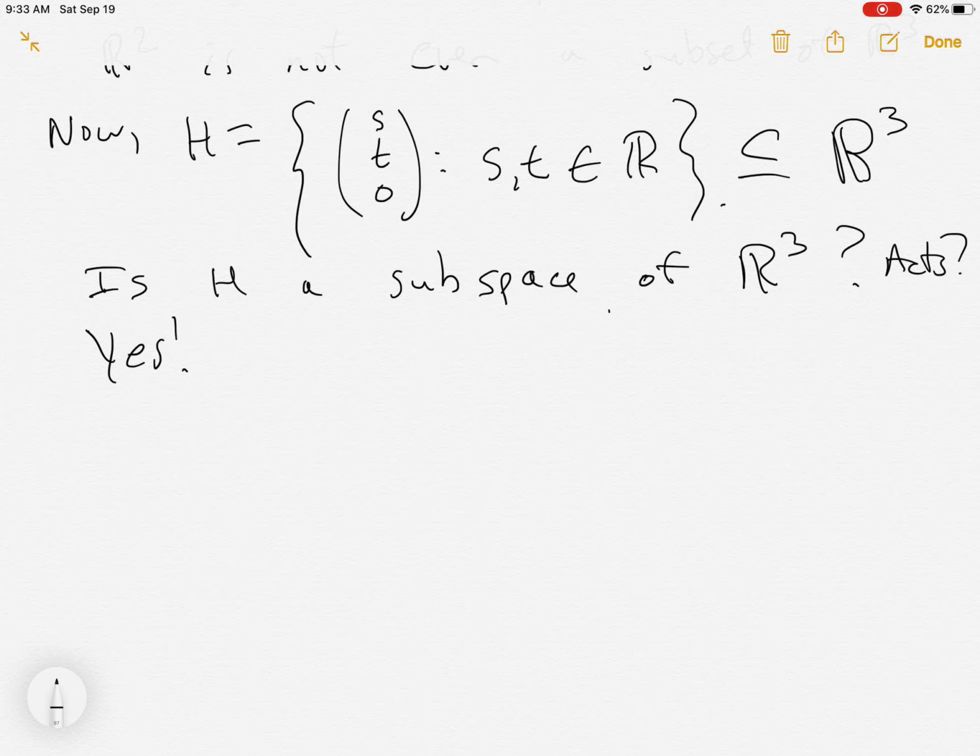And this is one of the ones where I think your author, oh no, he doesn't. I thought he said it's left as an exercise, but okay. So 1. Let S equal T equals 0.